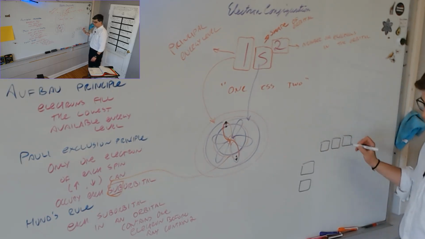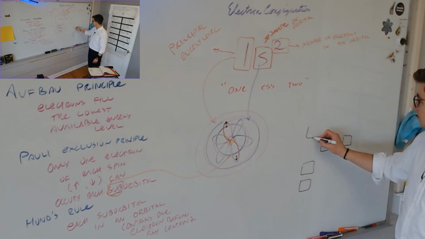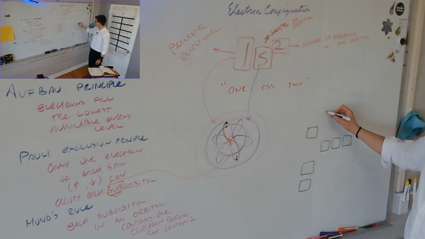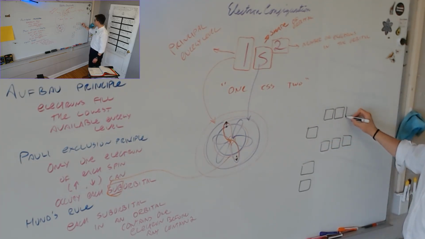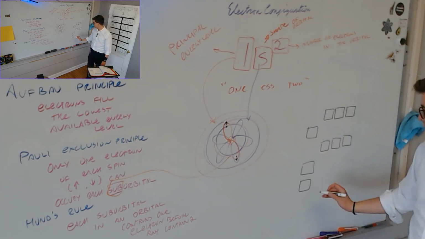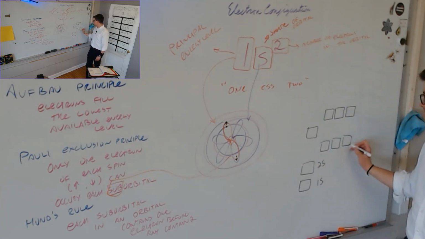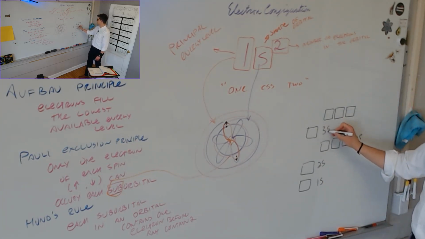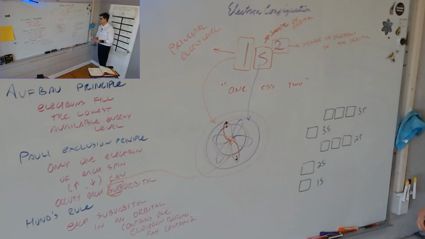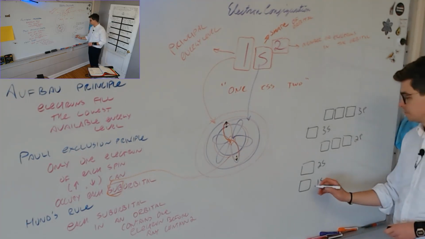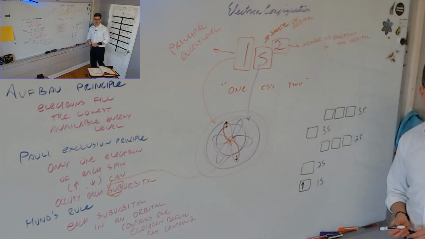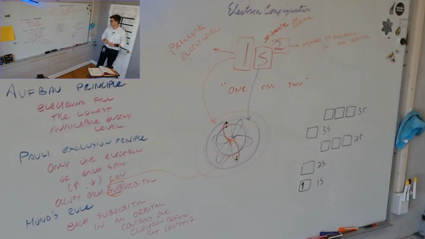Since this is in my book, I'm not gonna draw all of them. Please be quiet. 1s, 2s, 2p, 3s, 3p. Let's draw that much of it. So let's say it has one electron. Where do we put that one electron on the aufbau diagram? On the very bottom. It doesn't matter if you pick up or down, but you can only pick up or down.